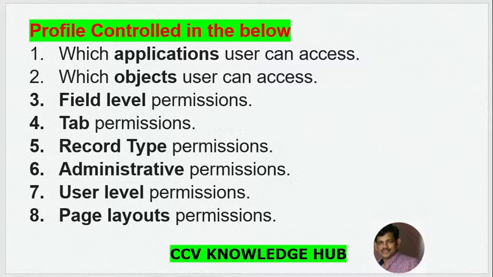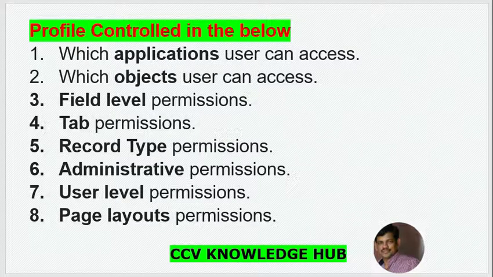So mainly the profile controls the below things. You have to remember these points always. Which applications a user can access is controlled by profiles, and which objects a user can access, object level permissions, field level permissions, and tab permissions, which tabs we can show to the particular user in the profile.